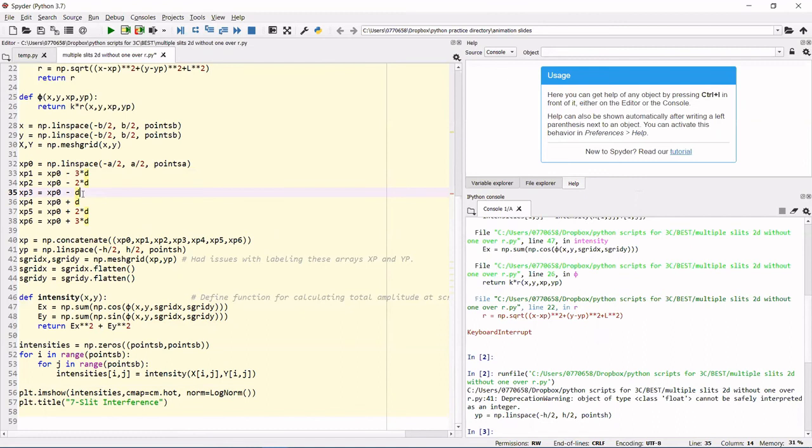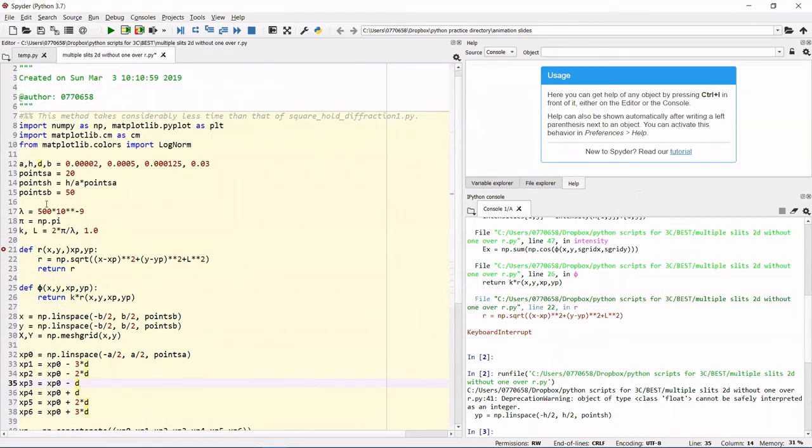So I may have told the computer to calculate 100 waves from each slit. If you've got 7 slits and 100 waves from each slit, it's really 700 waves that you're adding up. So there's quite a bit of calculation that goes into just finding the intensity at one point on the screen. And I'm doing that for all points, all pixels within the screen.